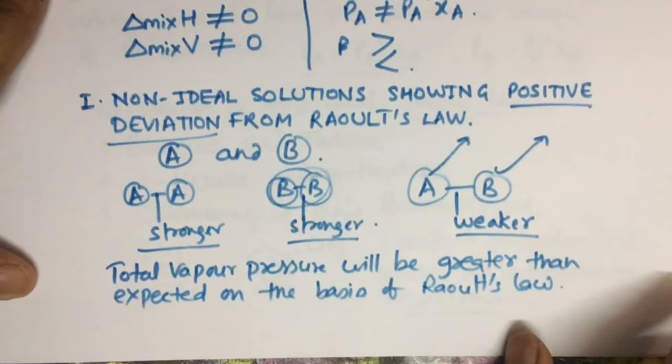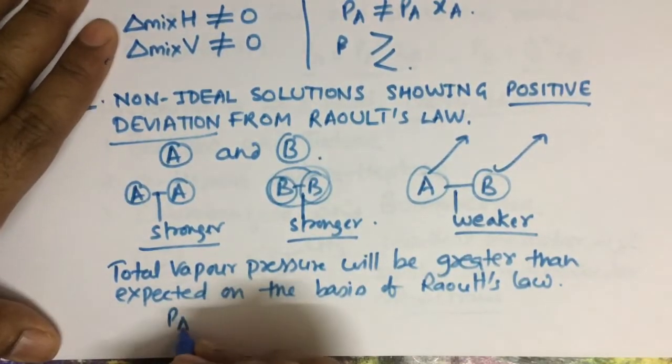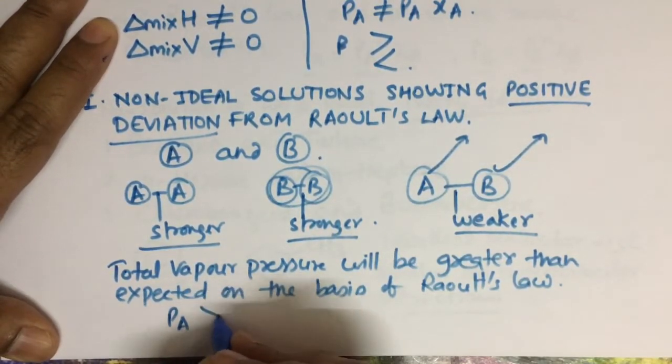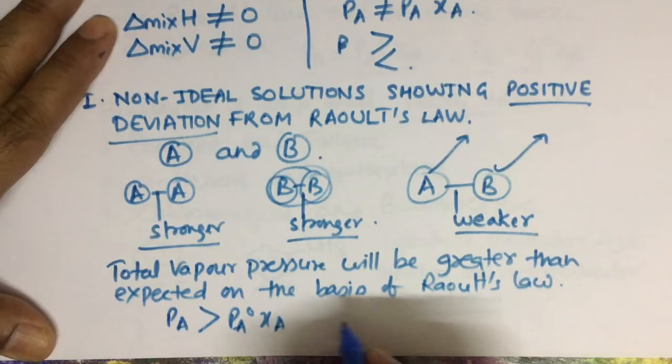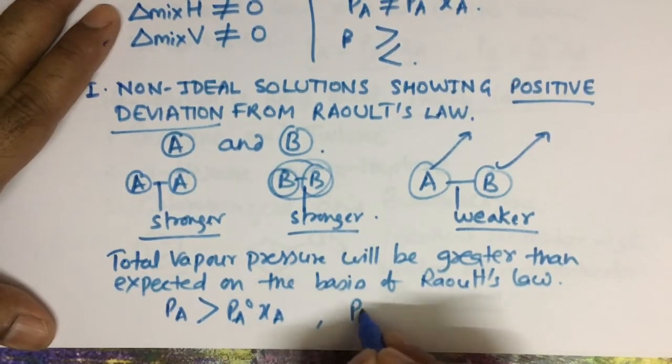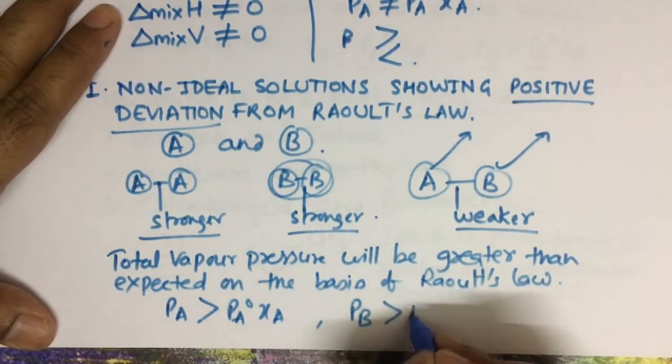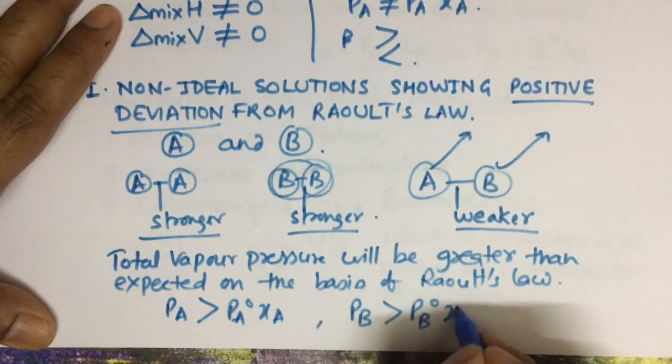And for such solutions, PA is greater than PA naught XA, and PB is also greater than PB naught XB.